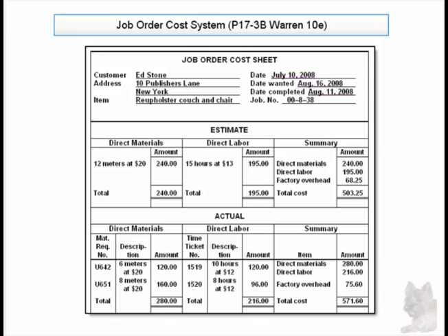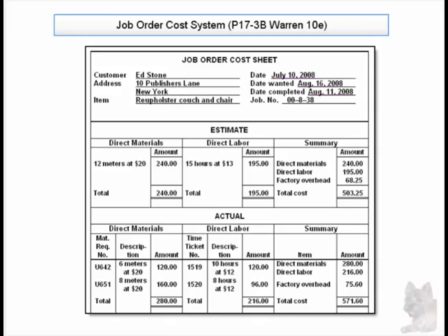So you see in the middle area, the estimate that was given to the customer is written down on the job order cost sheet. So we have 3 areas: direct materials, direct labor, and then a summary. So the total cost is provided, and it looks like in this situation, if we've given him a quote equal to over $1,000, we're being very honest with the customer on our markup, and that could certainly be the case.